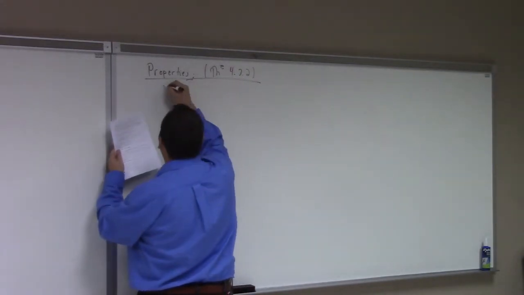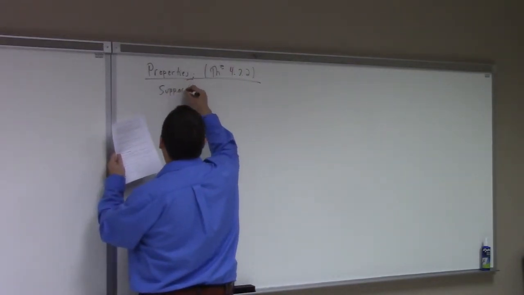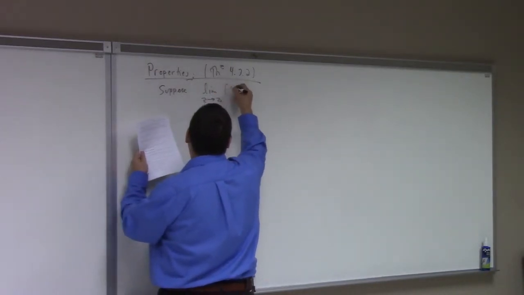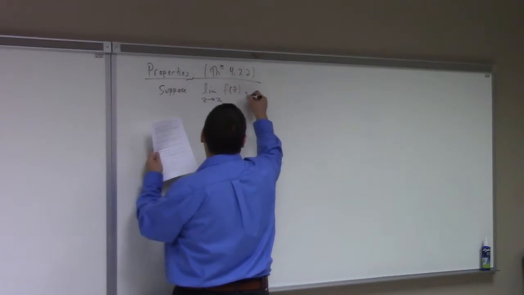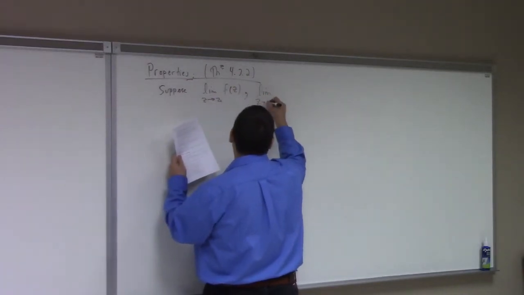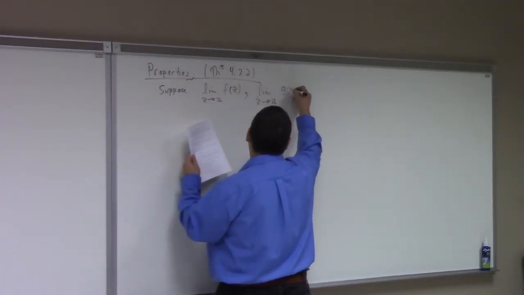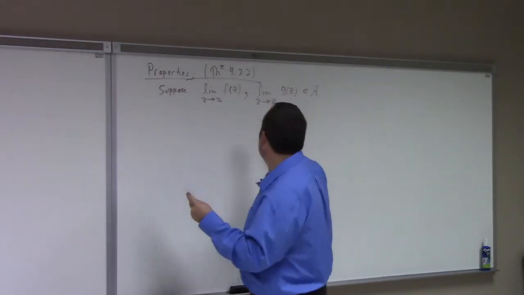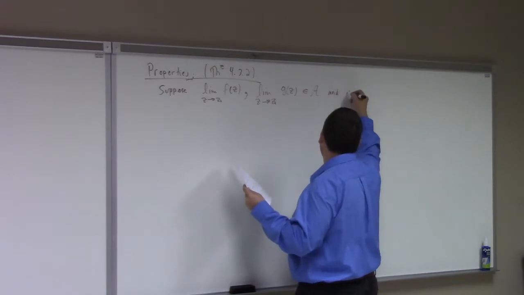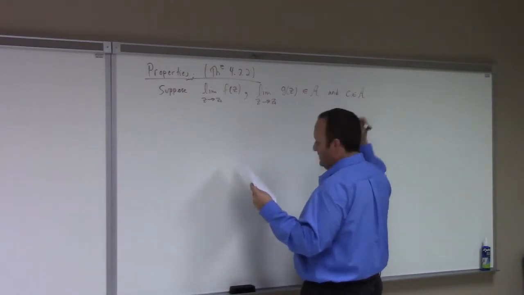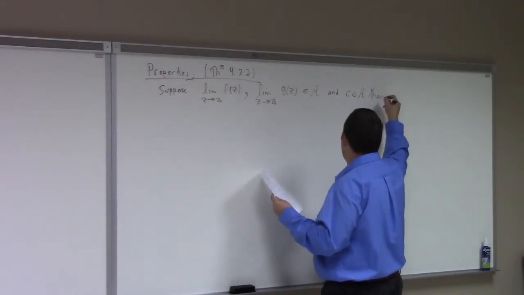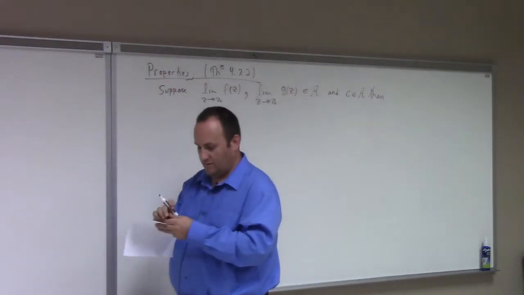Suppose the limit as z goes to z naught of f(z) and the limit as z goes to z naught of g(z) are both elements of the algebra. In other words, they both exist. And let's, in addition, suppose that c is a constant in the algebra. Then we have a few fun facts.